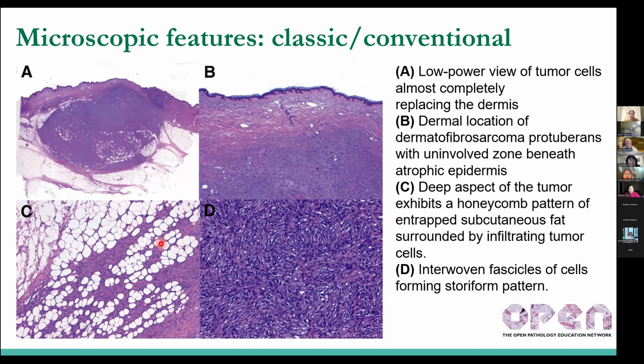For image C, we can see the characteristic honeycomb pattern when it infiltrates and entraps the subcutaneous fat. In D, we can see the interwoven fascicles forming a tight storiform pattern. And these are the microscopic features of the conventional or classic DFSP.